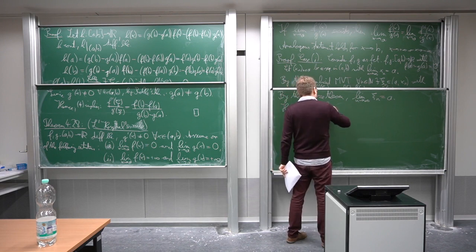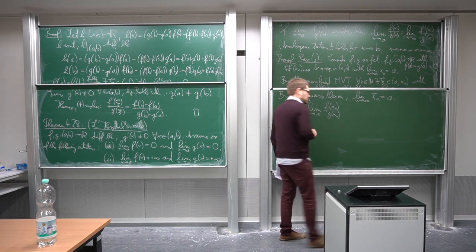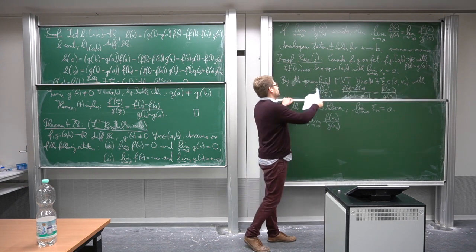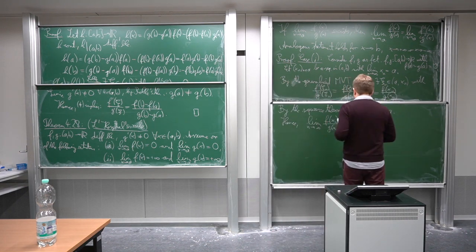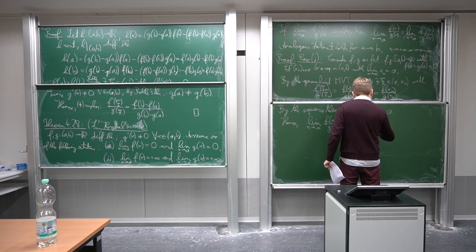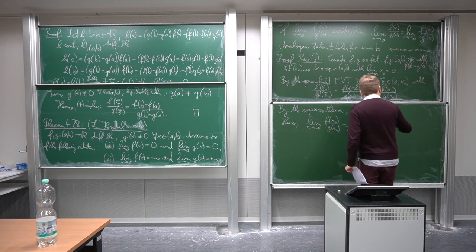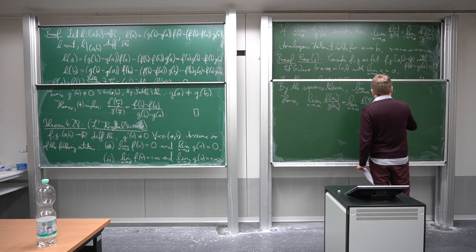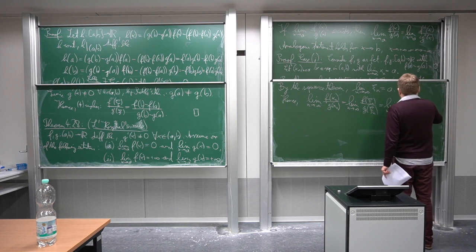If we want to compute the limit of f of x_n divided by g of x_n, we can just use the previously obtained psi_n. So this is the same as the limit as n goes to infinity of f prime of psi_n divided by g prime of psi_n. And since this limit exists, this is the same as the limit of x going to a of f prime of x divided by g prime of x. And this shows the claim.